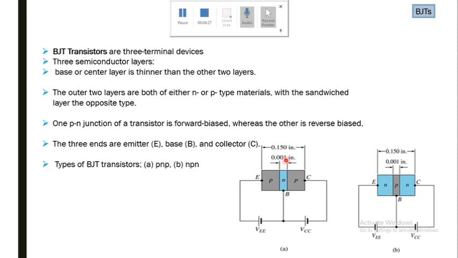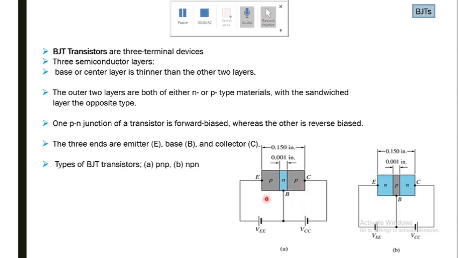For proper functioning, one PN junction is forward biased and the other PN junction is reverse biased. As we can see, we have two PN junctions: one is emitter-base and the other is base-collector.